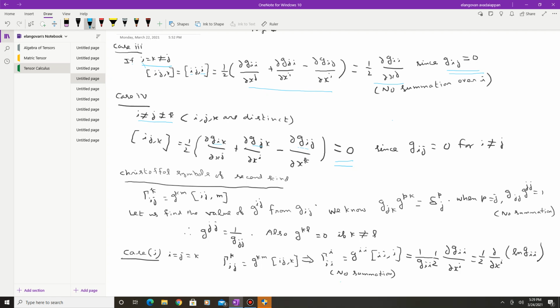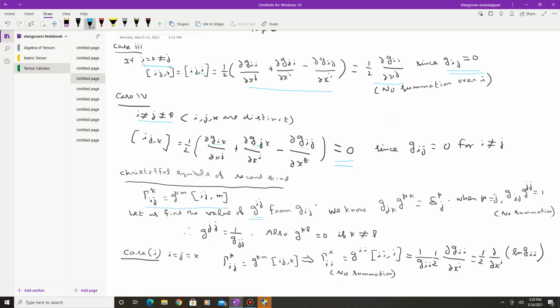So far we have discussed the value of the Christoffel symbols of the first kind for 4 different cases. Now let us evaluate the Christoffel symbols of the second kind. With the definition, this is the Christoffel symbol of the second kind. Here this is important.